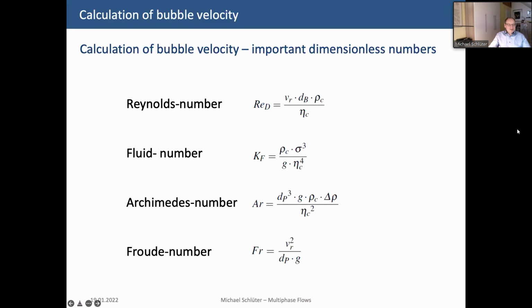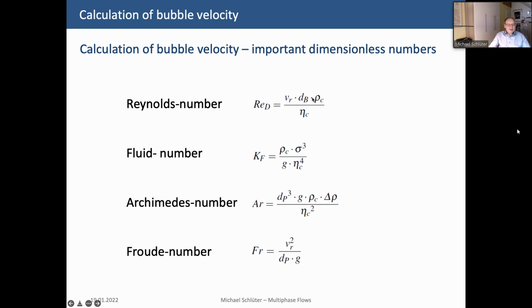So with this overall bubble diameter estimation, we can go into these correlations that we already discussed to calculate the bubble velocity. For the calculation of the bubble velocity, we use these different dimensionless numbers here: fluid number, Archimedes number, fluid number, and Reynolds number.